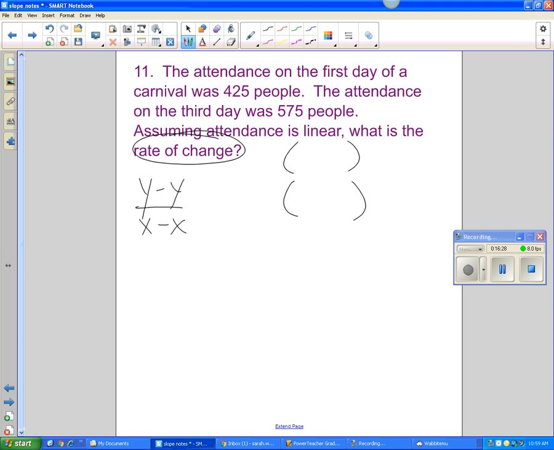You're going to make your own set of points. Sarah, read just the first sentence for us. Good. Just based on that first sentence, what do you think your first point is? 1, 425. Good. So 1 is your x and 425 is your y. Good. Okay. Elizabeth, read the next sentence.